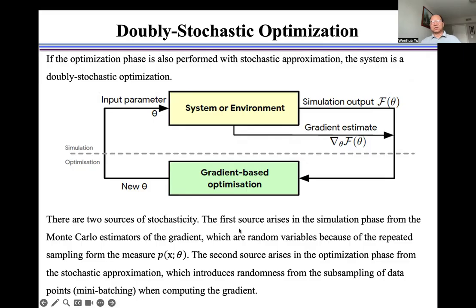The first source arises in the simulation phase from the Monte Carlo estimators of the gradient, which are random variables because of the repeated sampling from the measure P. The second source arises in the optimization phase from the stochastic approximation, which introduces randomness from the subsampling of data points when computing the gradient.